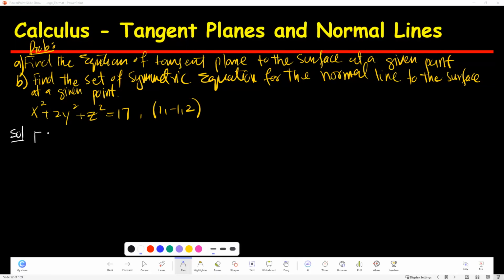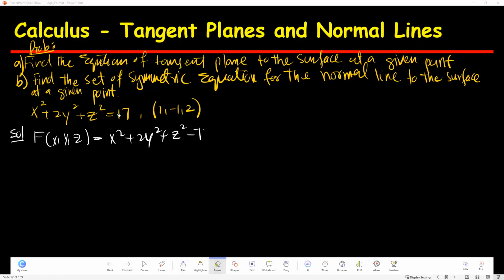So my function is x squared plus 2y squared plus z squared minus 7, and everything is equal to 0.